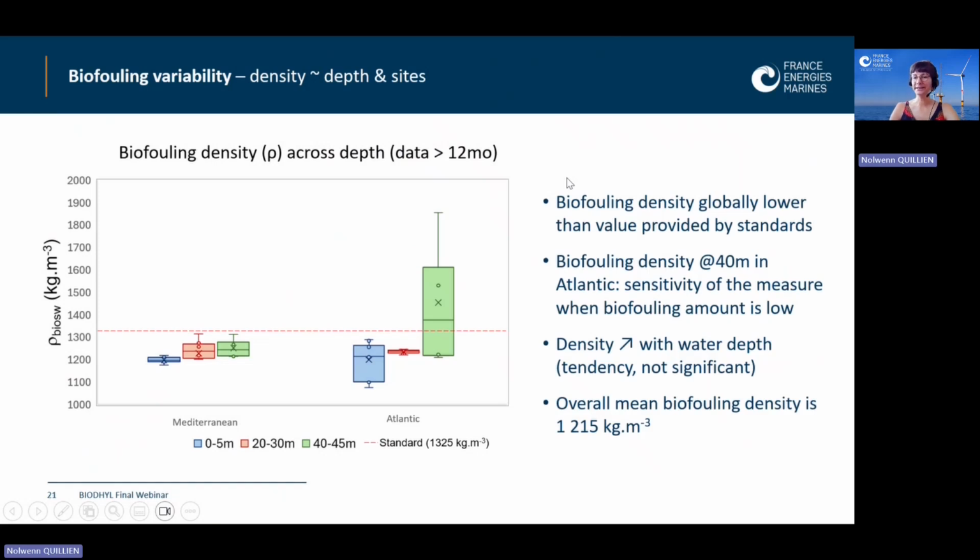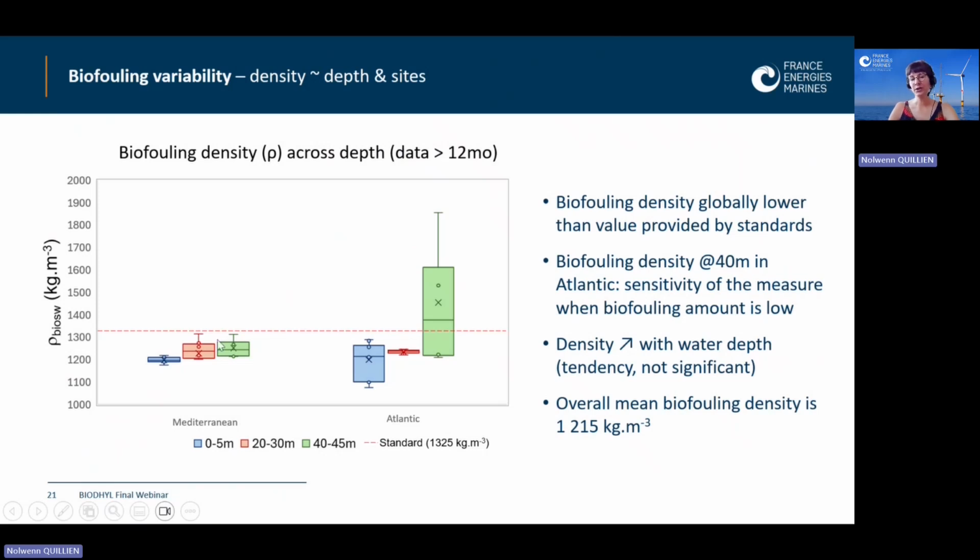And we can see that the biofouling density is globally lower than the value provided by standards. So the red line on the graph is the standard biofouling density of 125 kilograms per cubic meter.